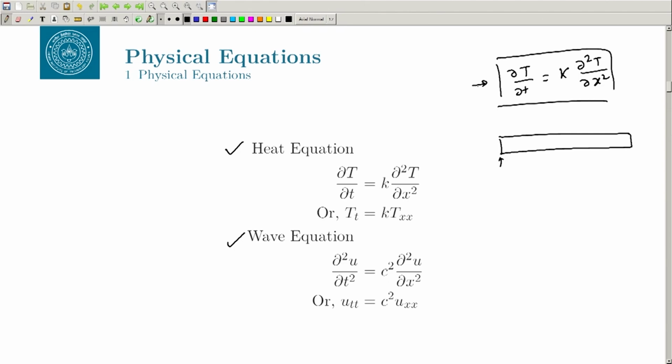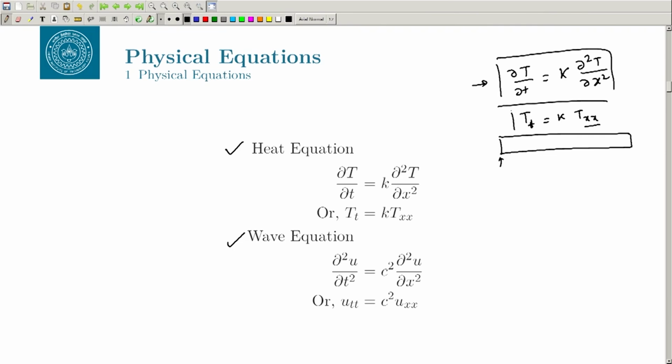And I will be using the short form at many times. So, this del T by del t can be written as T subscript t, okay. That means the subscript indicates that this is the partial derivative with respect to time, then this is k, okay, and T x x, that means it is differentiated twice with respect to x, right.